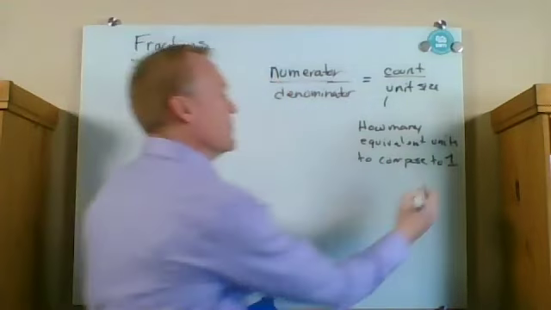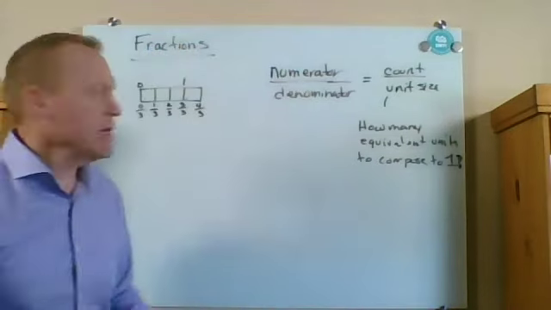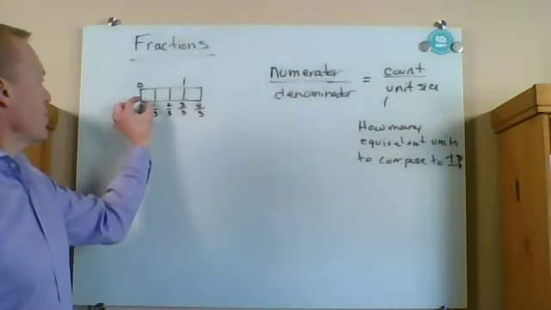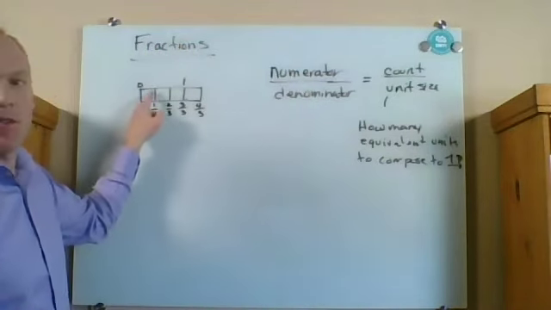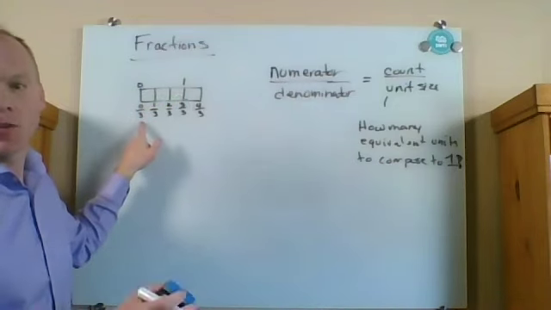So a lot of times, that's the question we have to ask. How many smaller equivalent units, so these are all equivalent units, how many are there to compose 1? It is 3 of them, so then this is named thirds.